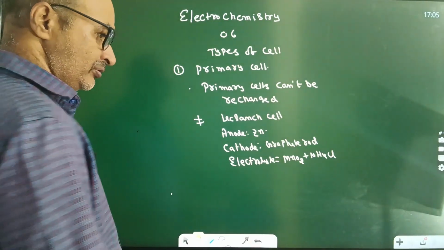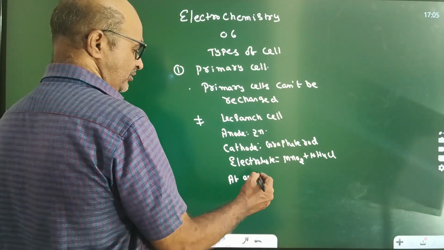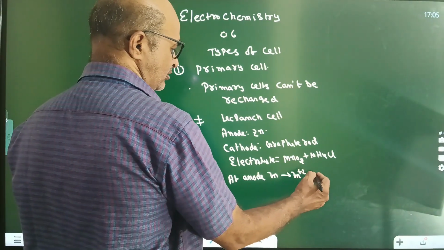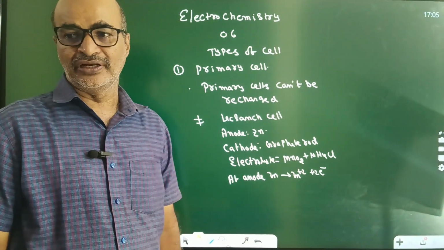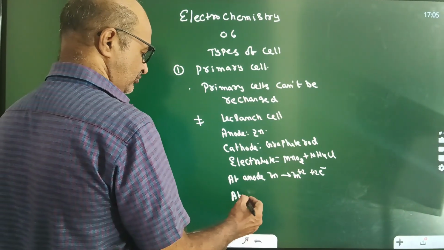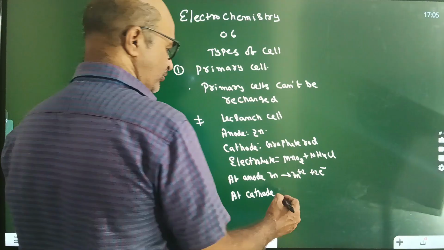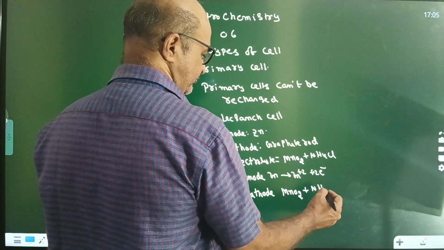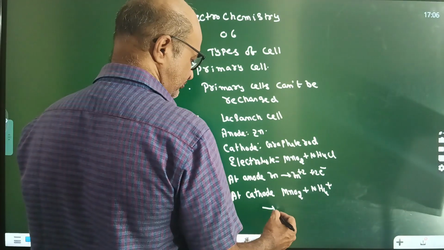At the anode, zinc gives rise to Zn2+ plus 2 electrons. At the cathode, MnO2 plus NH4+ gives rise to Mn2O3 plus ammonia.